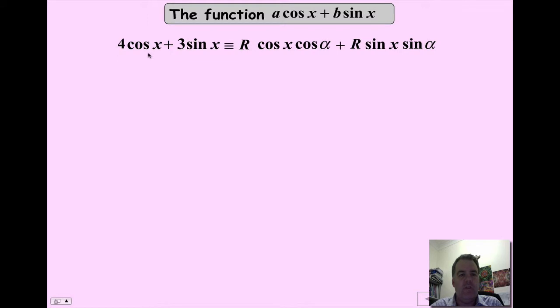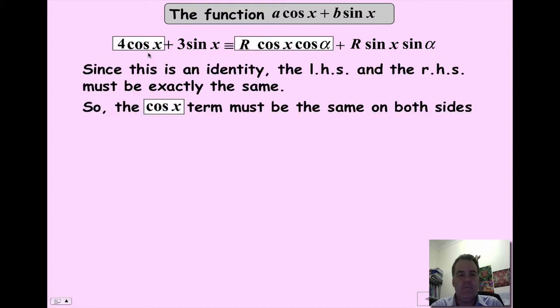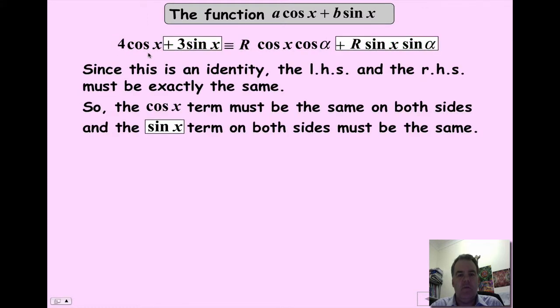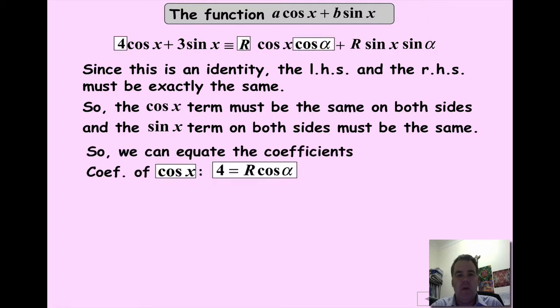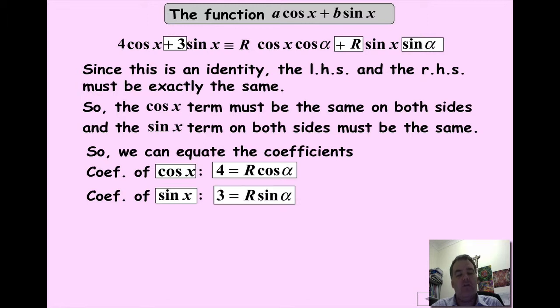So those two things must be the same. If we do that for the sine values as well, the number in front of the sin x on the left is 3, and the term associated with sin x on the right is r sin alpha. So those two things must be the same. So we get these two equations.